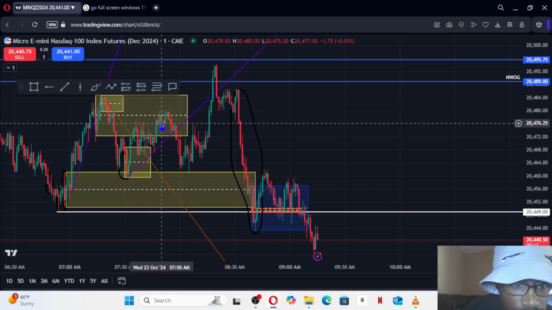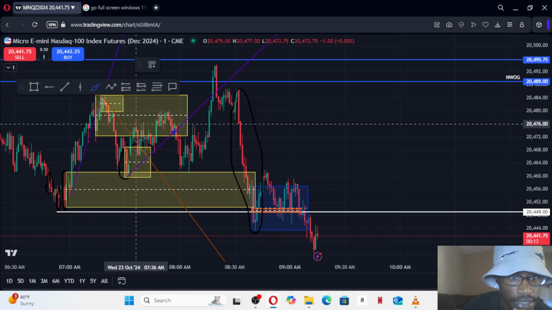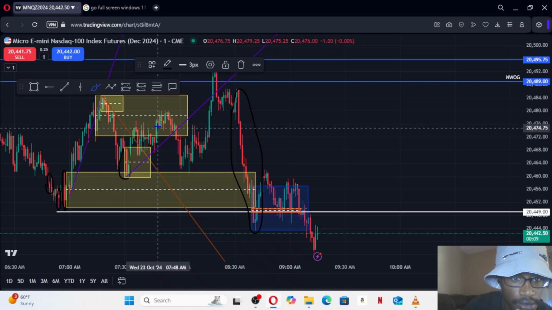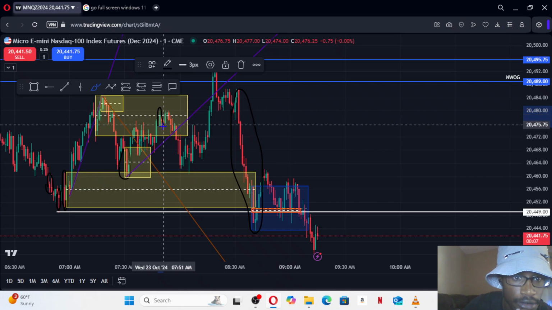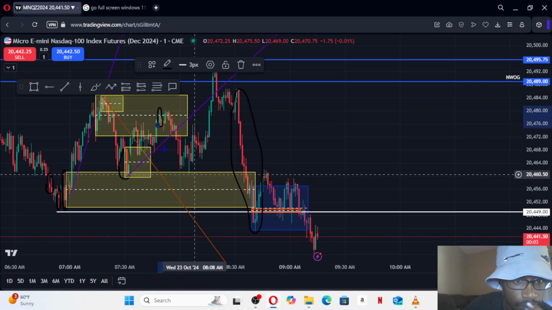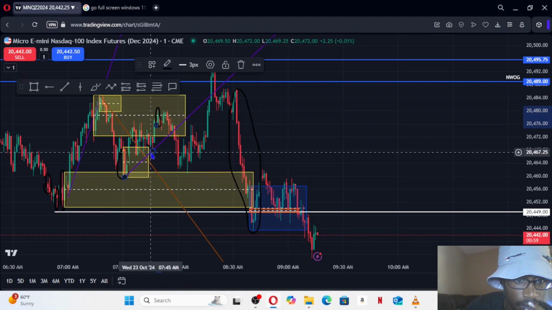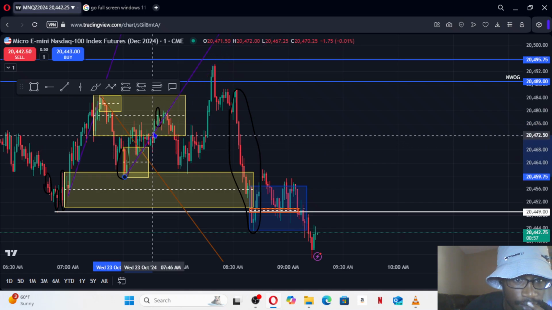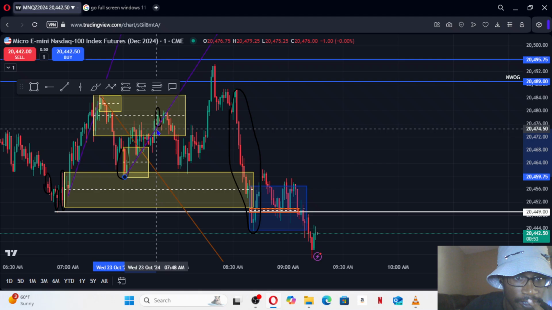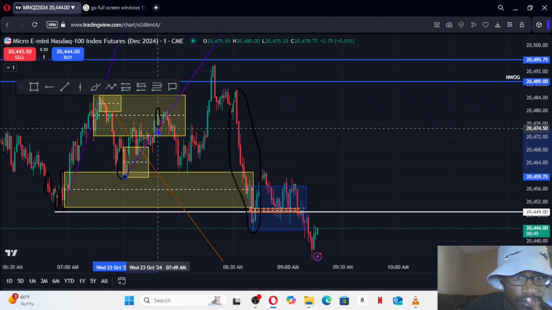So where's the last up close candle? I believe this candle here that formed at 7:49. That would be the candle that we're referring to. Actually, if you wanted to be picky, that's where you've been drawing your fib from.